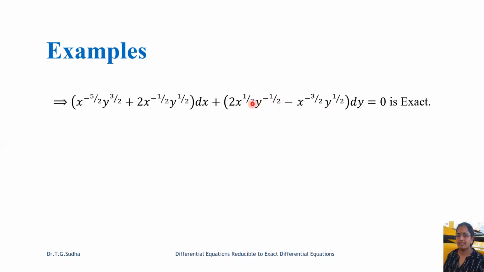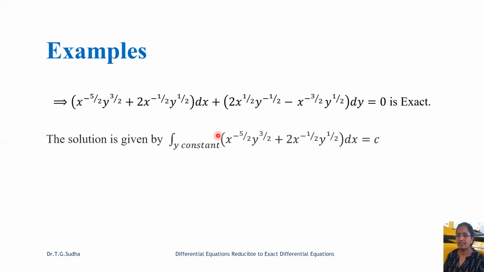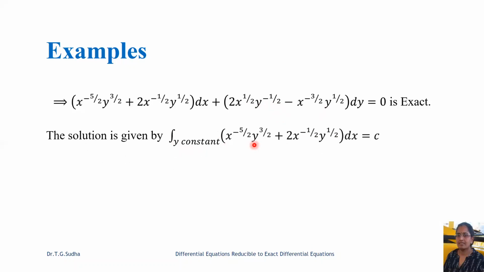Here in this N term, both the terms contain x. Therefore, the integral of terms of N not containing x becomes 0. Therefore, the solution is given by the integral of M dx, that is this entire term integrated with respect to x keeping y constant, and that is equal to c, the constant of integration.